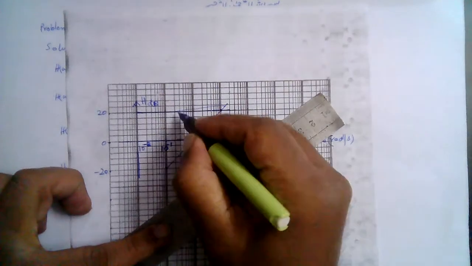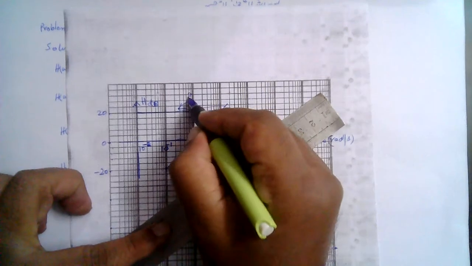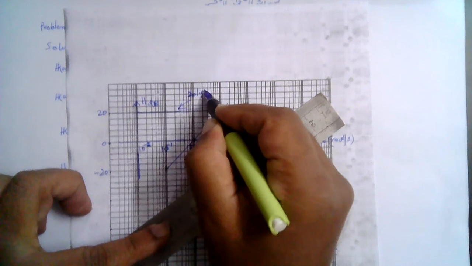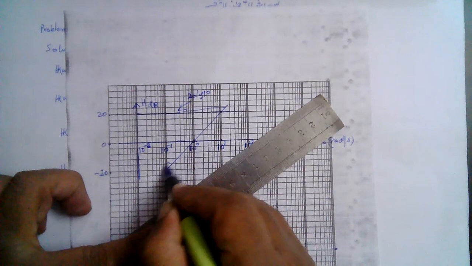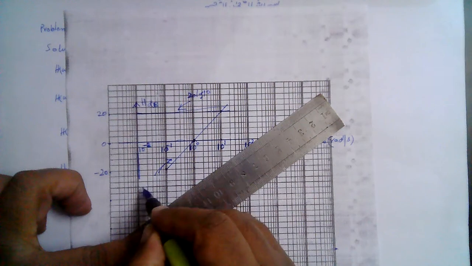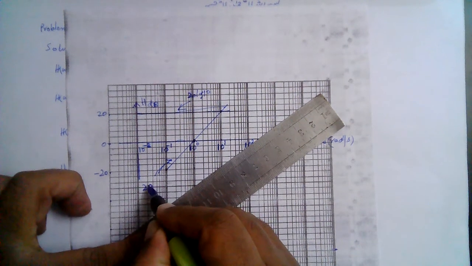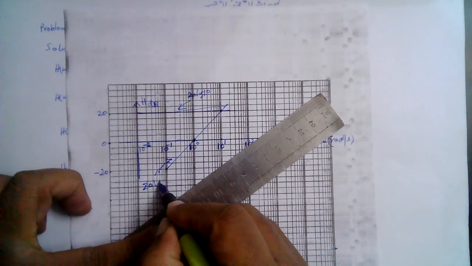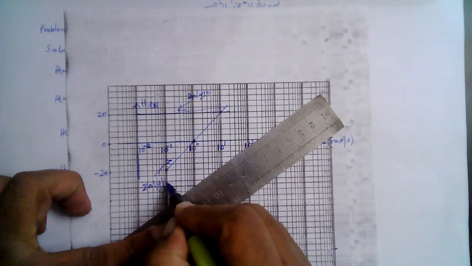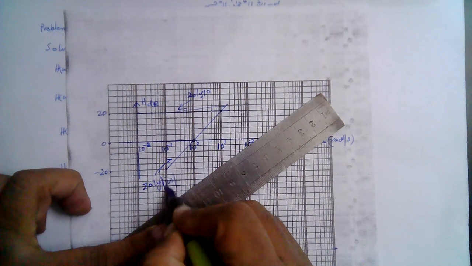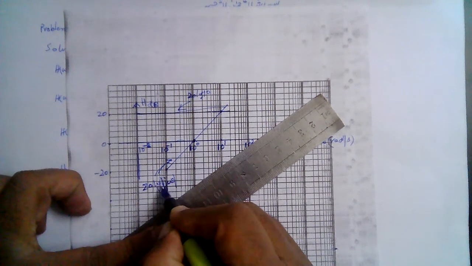So this line represents 20 log 10, and this line now represents 20 log j omega.